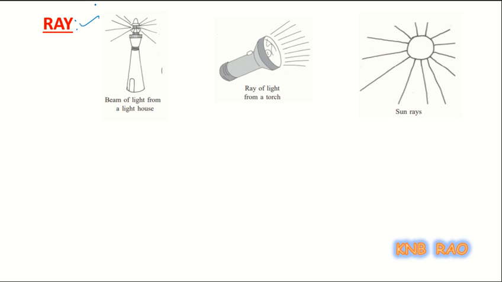See children, here the sun is the source of light. From the sun I am getting a ray. So this is a starting point. From there, in one direction, there is the extension. The glowing bulb is a starting point. From there, indefinitely in one direction, extension is going on. So the same idea is put in mathematical terminology.